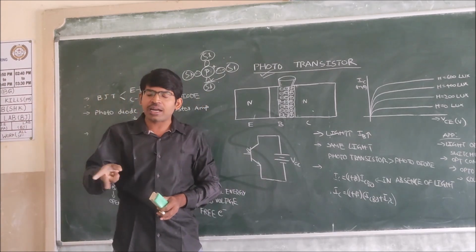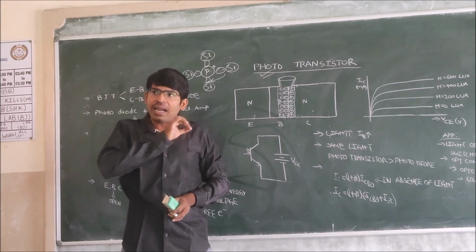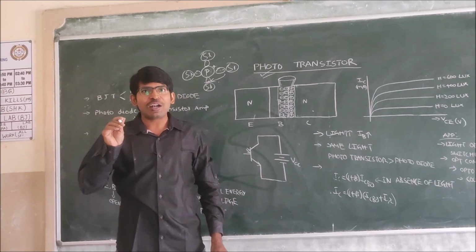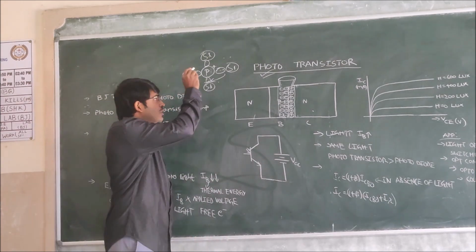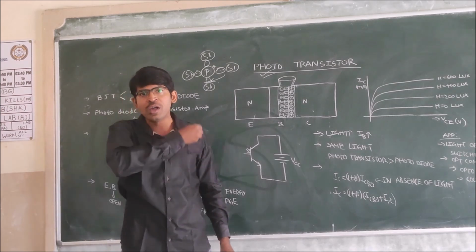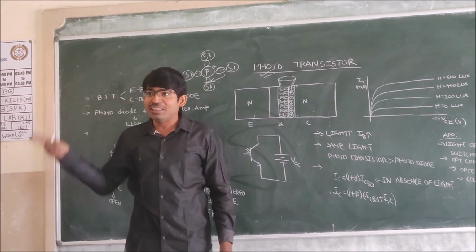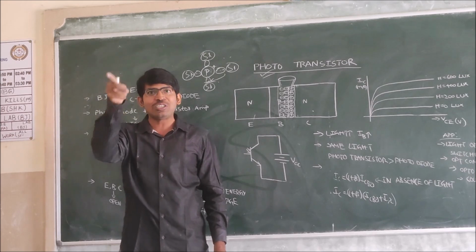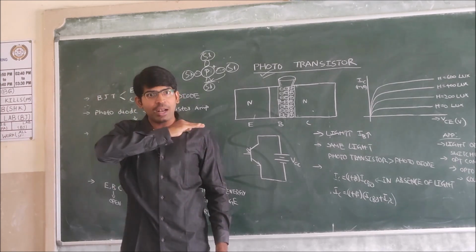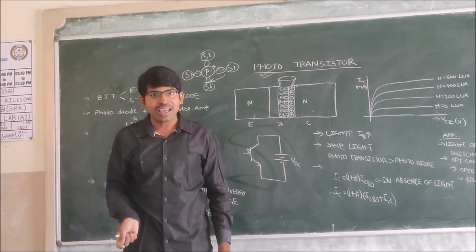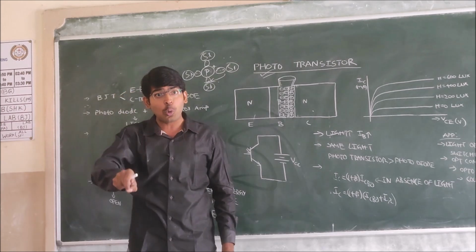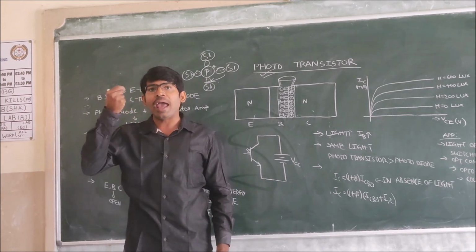So the current is due to two factors: one is electron current, the second is hole current. Electron current is due to the free electrons, and hole current is due to the movement of the bounded electrons from one covalent bond to another. In both factors, the current is due to electrons only. But some electrons are free electrons and some are moving from one covalent bond to another.